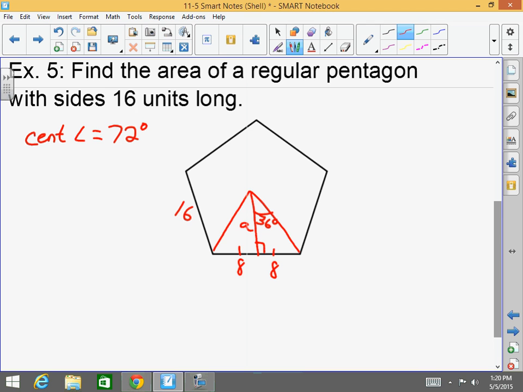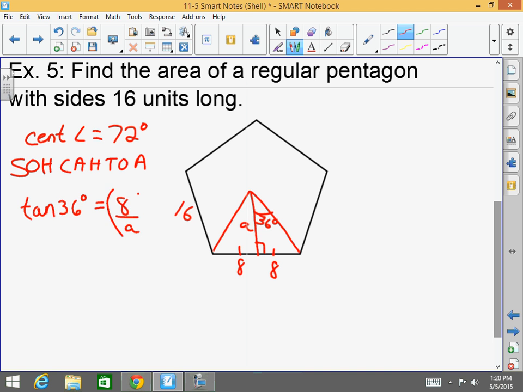So remember, guys: SOH CAH TOA. What sides am I using? What trig function am I using here? Tangent. So the tangent of 36 degrees equals opposite over my adjacent, which happens to be my apothem.